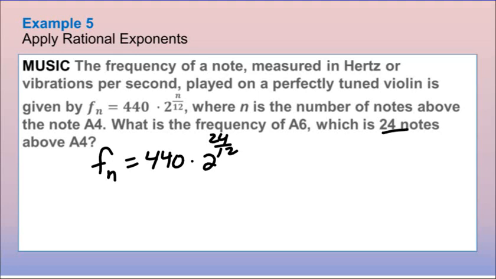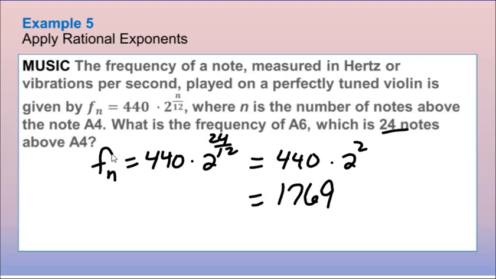The n is 24, because it's 24 notes above A4, which would be 440 times 2 squared. 440 times 4 would give us 1,760. And our label would be hertz.